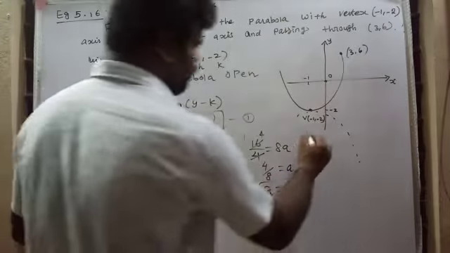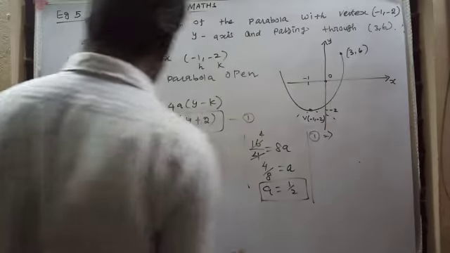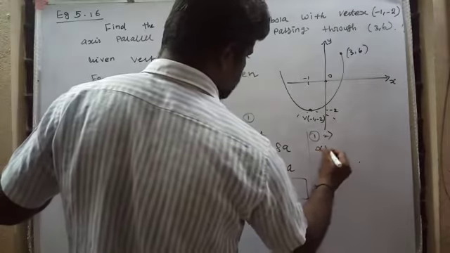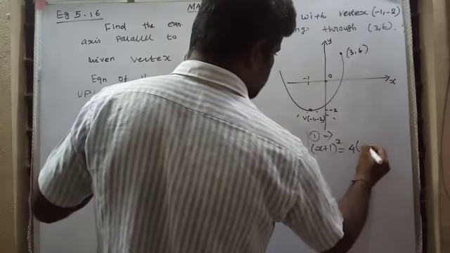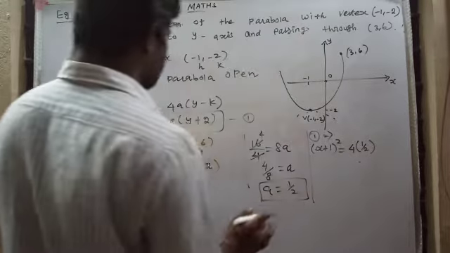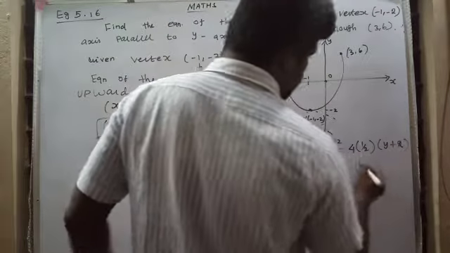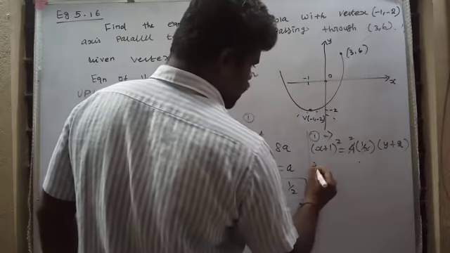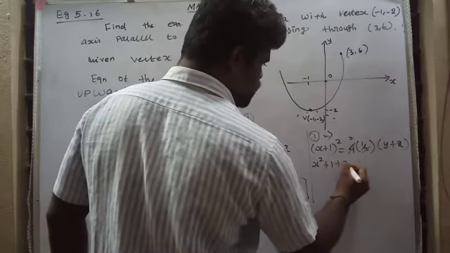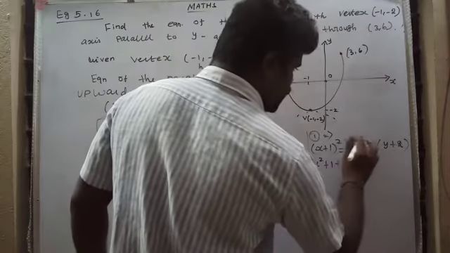And we want to apply the a value in equation 1. (x + 1)² = 4 × (1/2)(y + 2). We cancel these two terms, and this is 2. Expand this one: x² + 1 + 2x, using (a + b)², is equal to 2(y + 2).